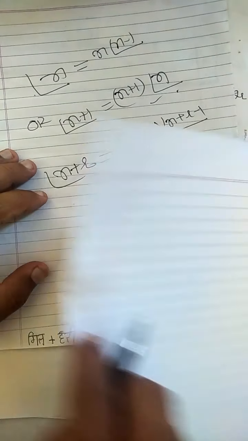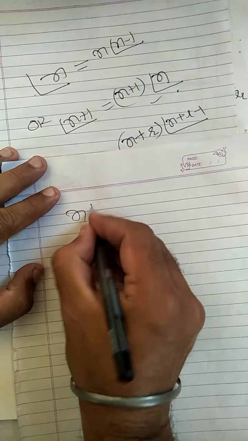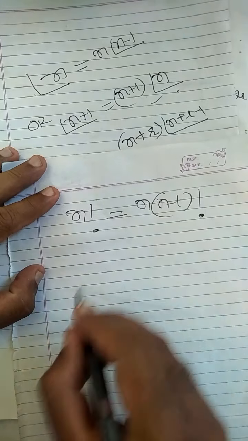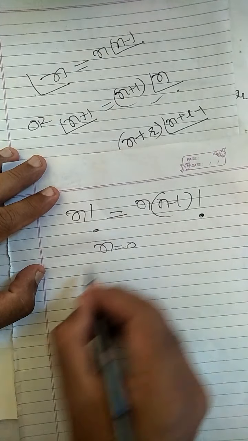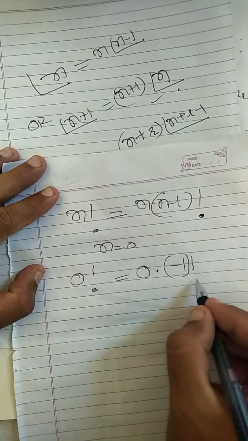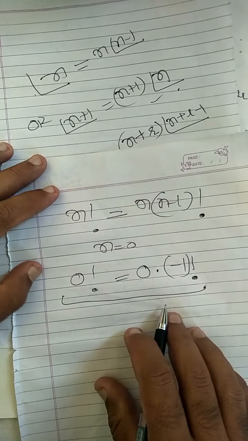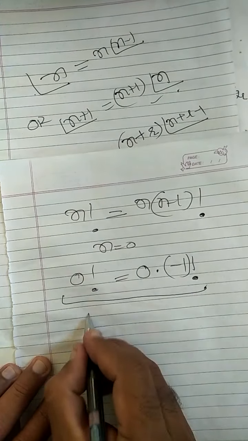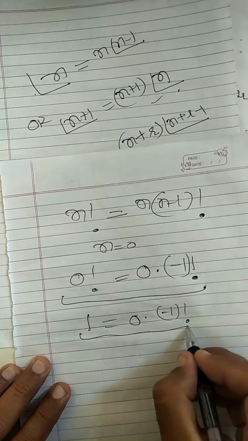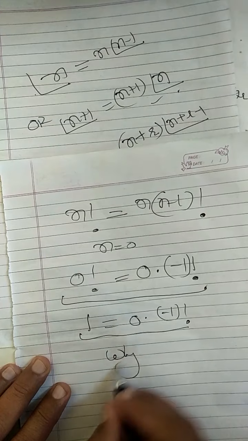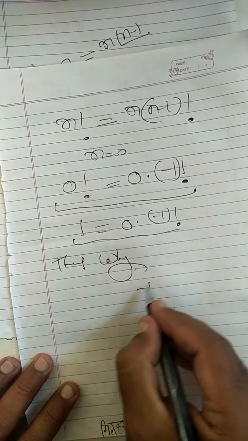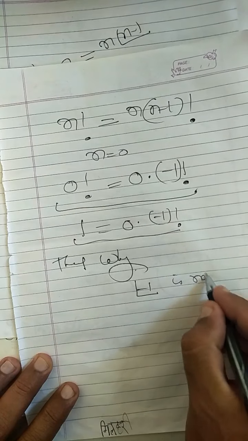Why? This can be easily proved. n factorial is the same as n into (n minus 1) factorial. If we take n equal to 0, 0 factorial equals 0 into (negative 1) factorial. So this is not a valid relation: 0 factorial is 1, and 1 is not equal to 0 into minus 1 factorial. So that's why minus 1 factorial is not defined.